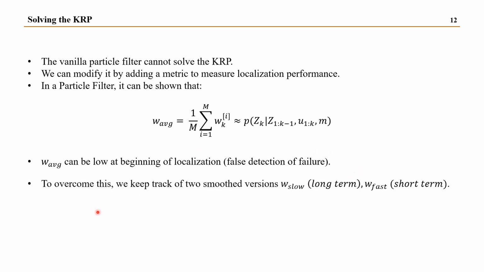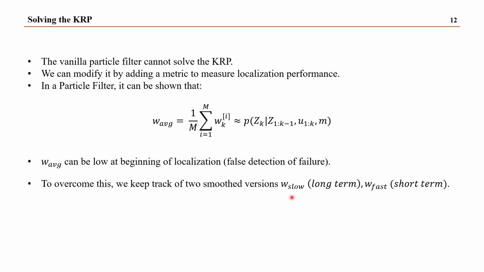So one idea is that we keep track of two smoothed versions of omega AVG. We call them omega slow and omega fast. So omega slow is a long-term average of this quantity right here, and omega fast is a short-term average that quickly adapts to the violent changes in omega AVG.